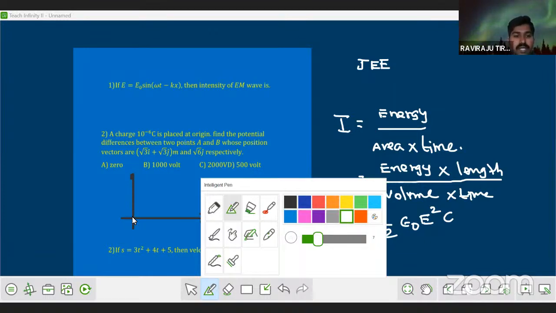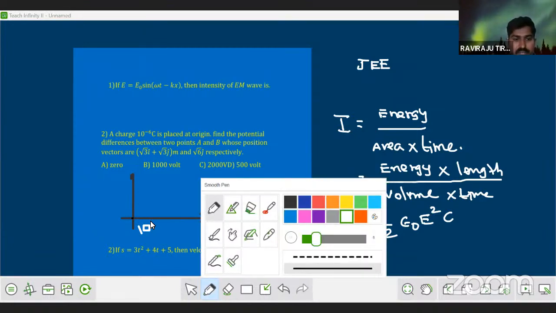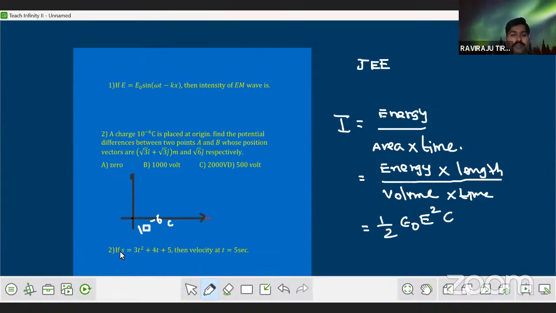At the origin, it is given. How much charge is given at the origin? 10 power minus 6 coulomb.